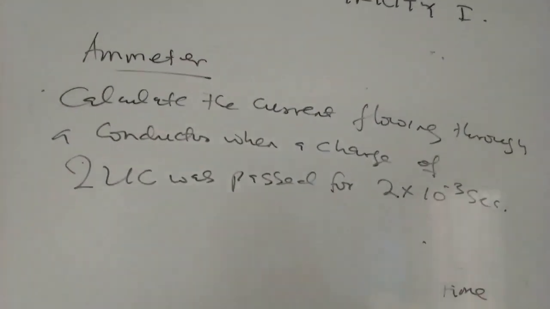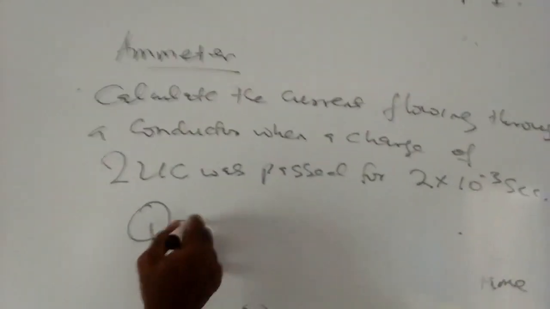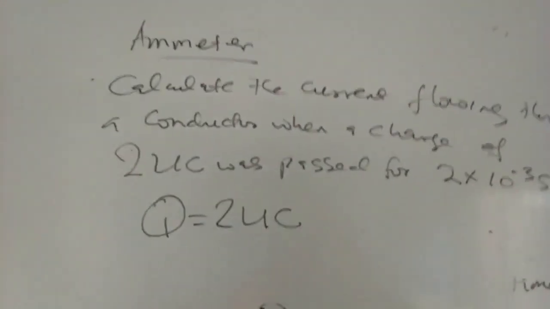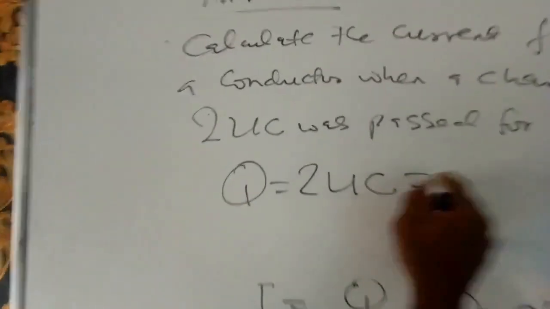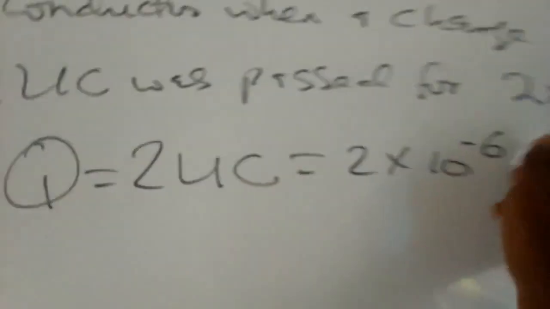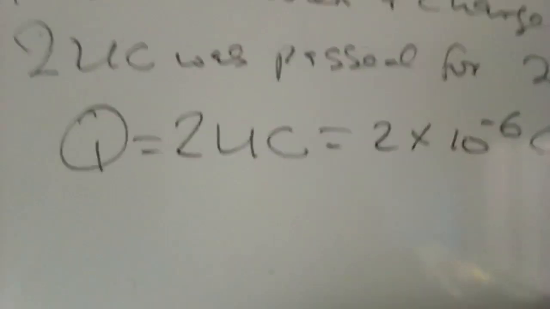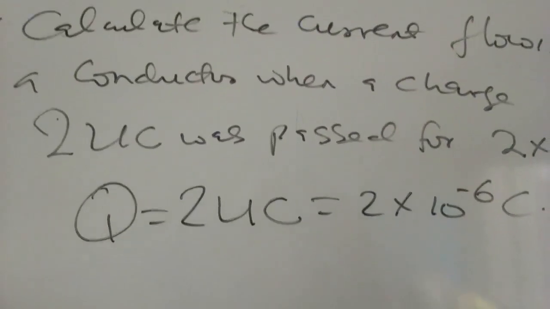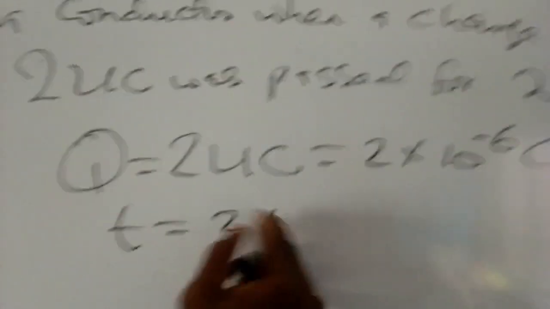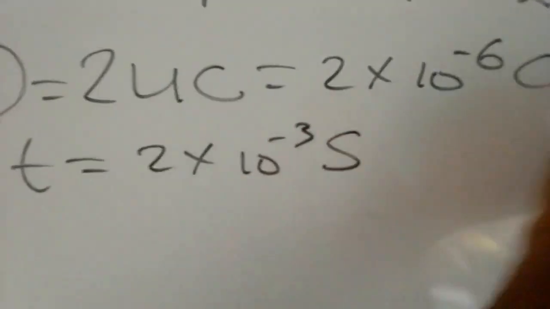So the charge is 2 microcoulomb. We'll convert to coulomb, which is 2 times 10 to the power minus 6, since 1 microcoulomb is equivalent to 10 to the power minus 6 coulomb. We have to bring it to SI unit or standard unit. Our time is 2 times 10 to the power minus 3 seconds, already in standard unit.